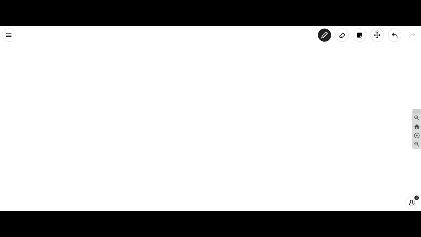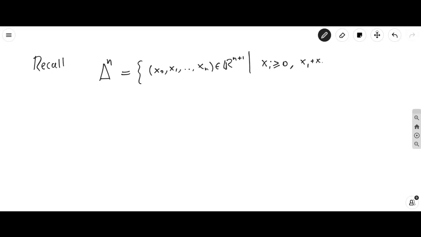Now, before we define what a triangulation is, it would be helpful to talk about faces. So recall that delta n is the n-dimensional geometric simplex. This would be the set of vectors, well, an n+1 tuple, notice the counting starts at 0, in R^(n+1), so that every coordinate is non-negative, and the sum, I should have said starting at 1, adds up to exactly 1.